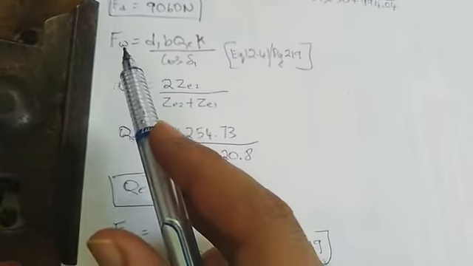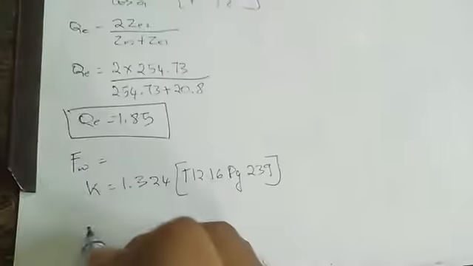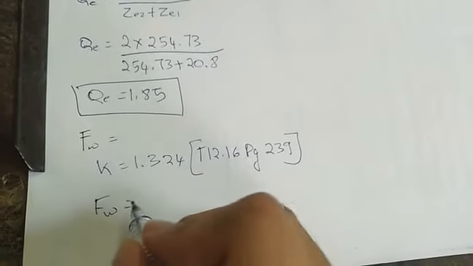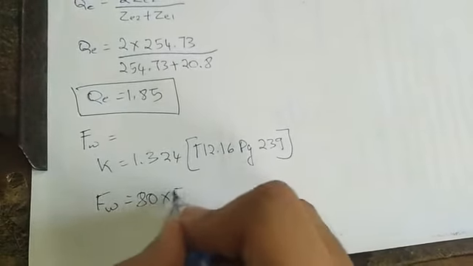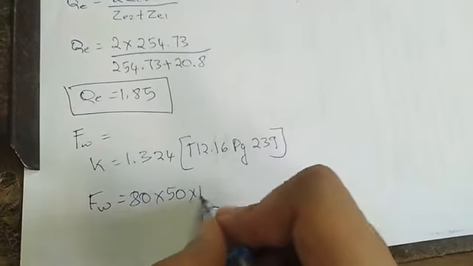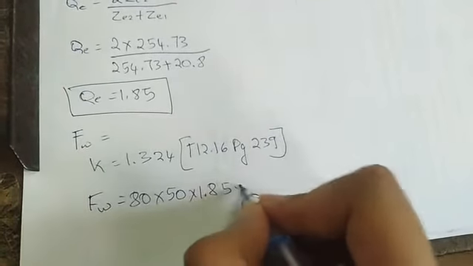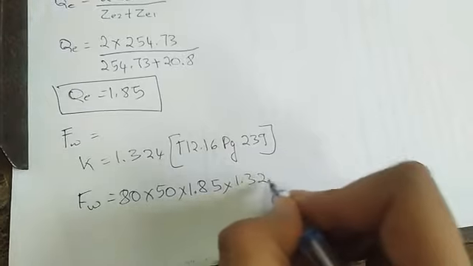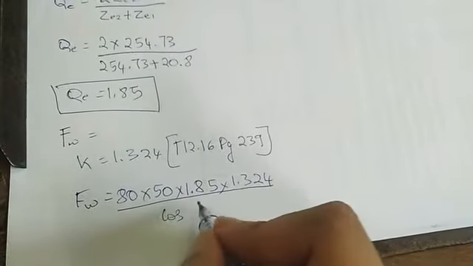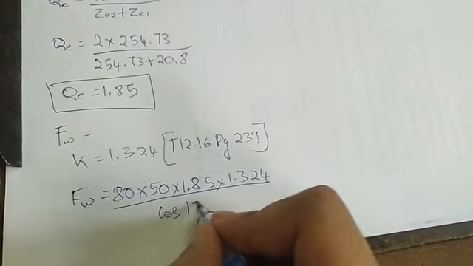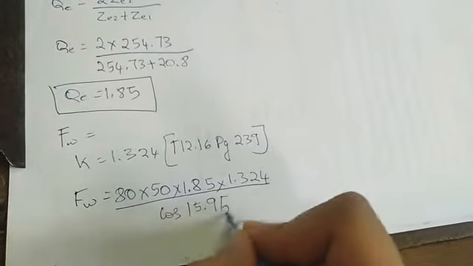Now we shall find the wear load FW: 80 into 50 into 1.85 into 1.324 divided by cos delta 1. Delta 1 is 15.95.